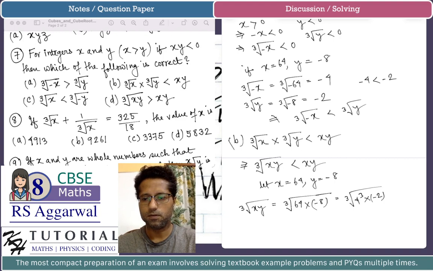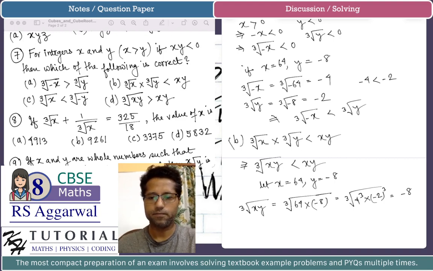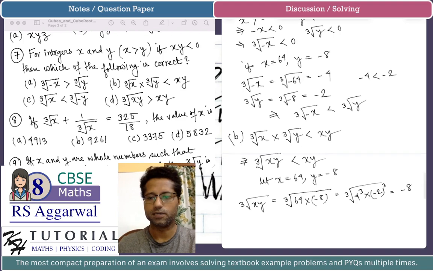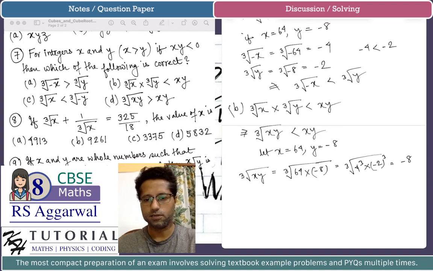So this will be equal to minus 8. So cube root of x into y is minus 8 if we consider x as 64 and y equals to minus 8. Now let's see what is x into y.